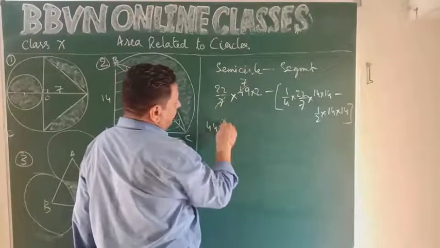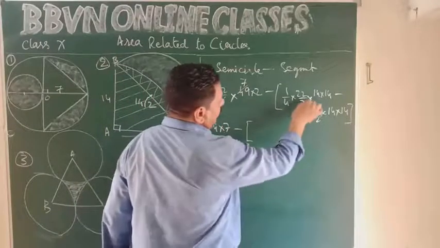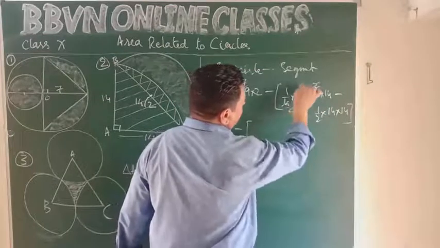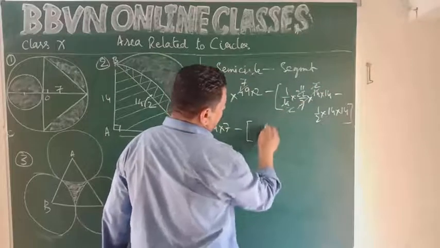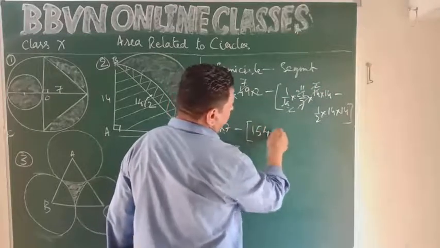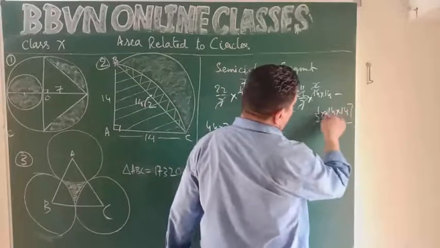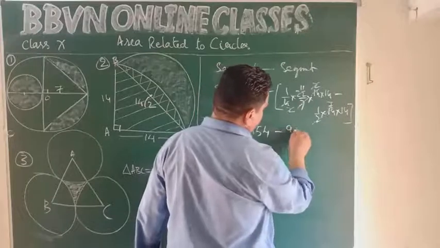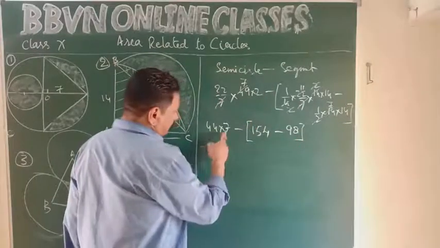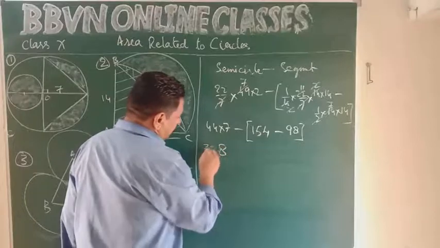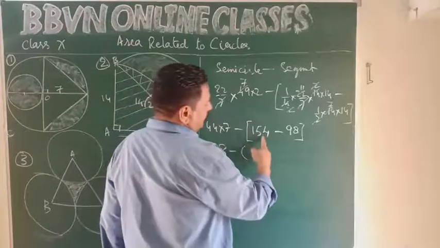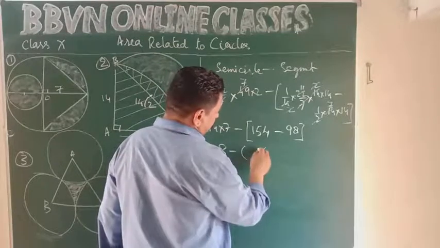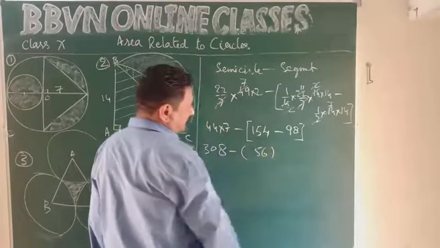44 multiplied by 7, minus 7 goes 2 times, 2 goes 2 times, 2 goes 11 times, 11 into 14, 154, minus 2 goes 7 times, so 7 into 14, 98. 44 into 7, 308 minus 154 minus 98, 56.